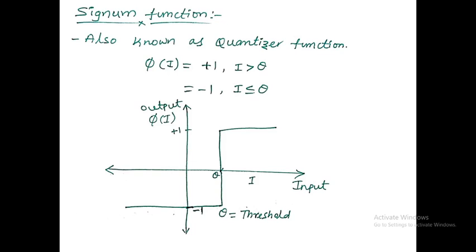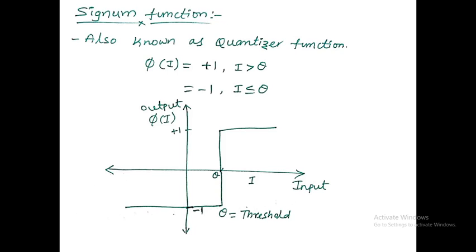Now if you see another activation function, that is the signum function. The signum function is also known as the quantizer function. Here also the activation function pi of I is equal to +1 if I is greater than theta.